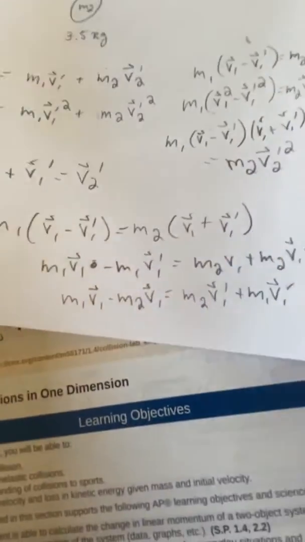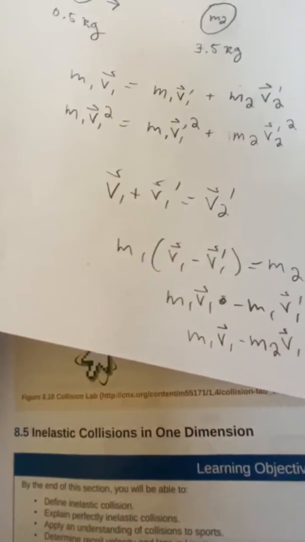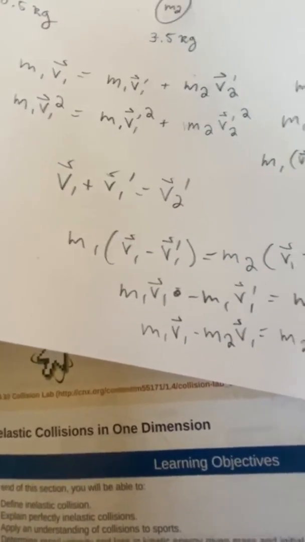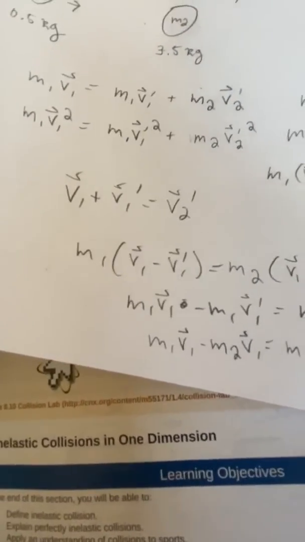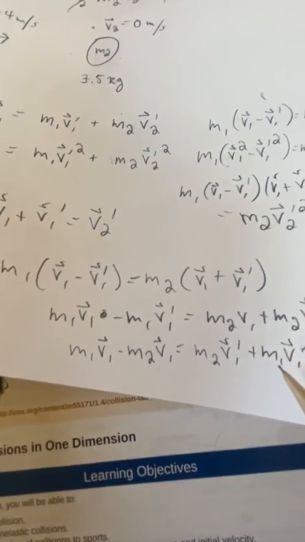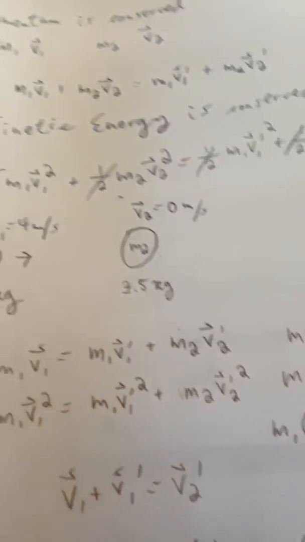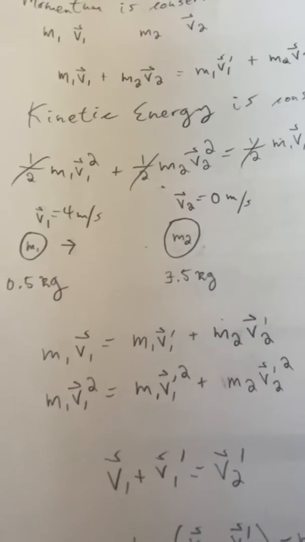and we just divide the left-hand side, where we know everything, by the right-hand side, where the only thing we don't know is v1 prime, so we divide by m2 plus m1. And then we can substitute back in our quantities.